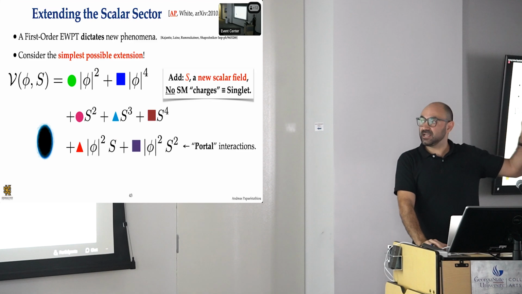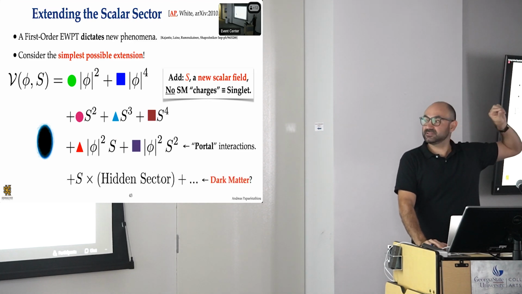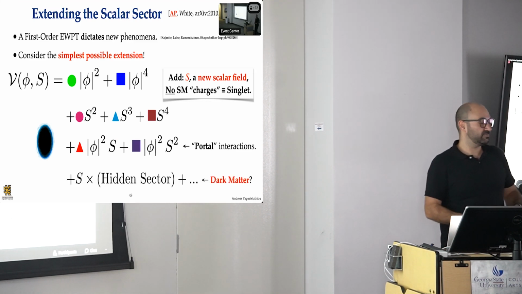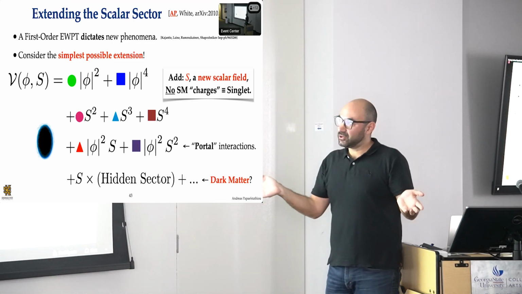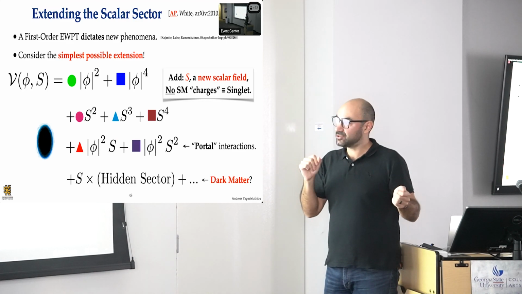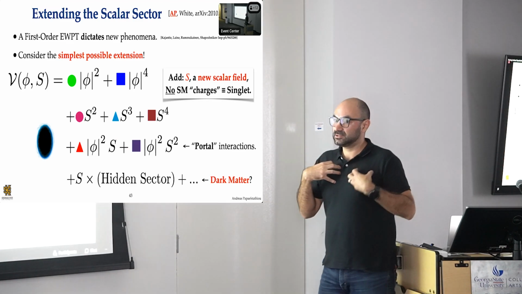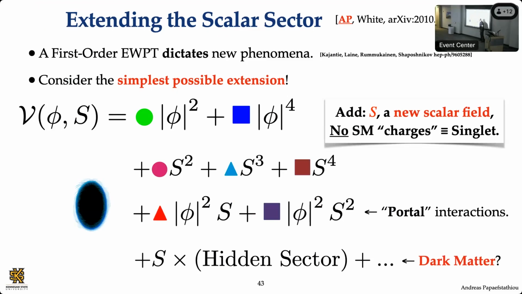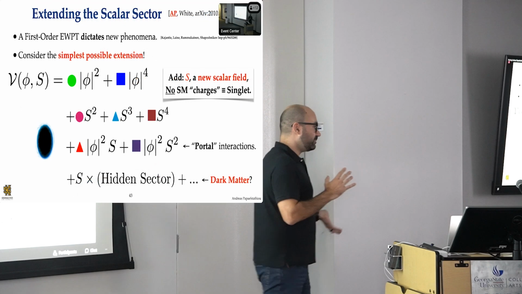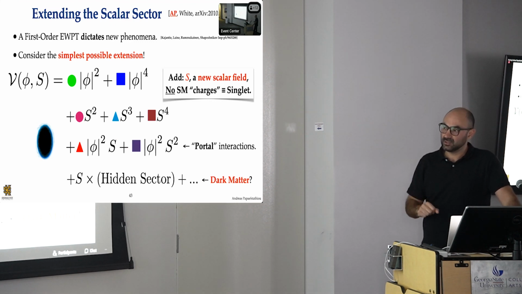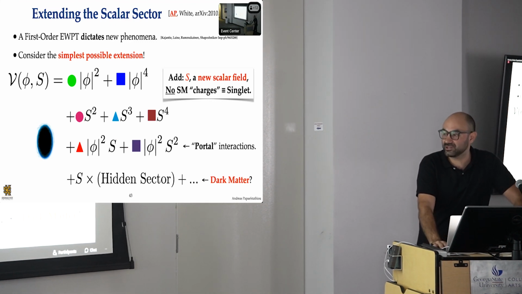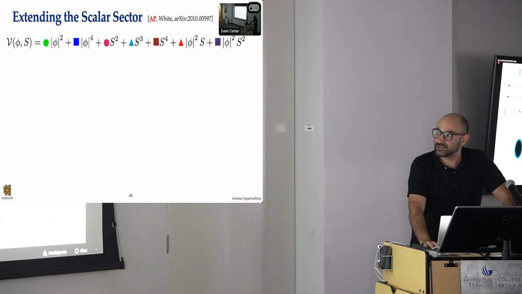If this singlet field is part of some sector that we don't know about, another zoo of particles that doesn't interact except gravitationally with our world, then perhaps this kind of portal interaction could connect our world to this hidden sector, which could be part of dark matter, or could be all of dark matter. So this is a connection of this kind of model with dark matter. But I won't elaborate too much on it. I just wanted to make the connection here.